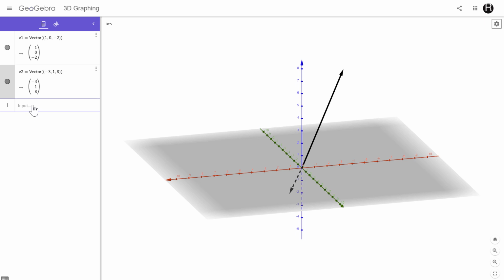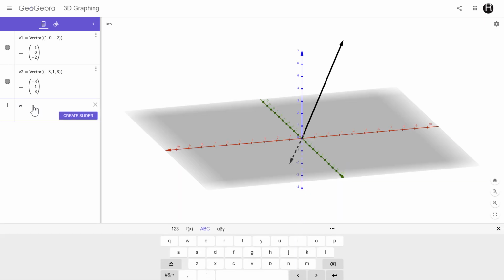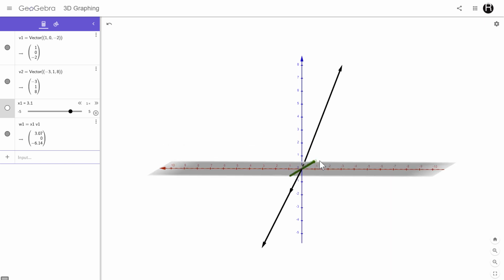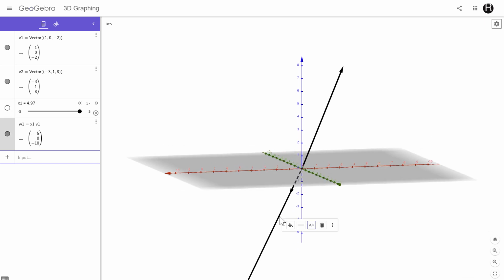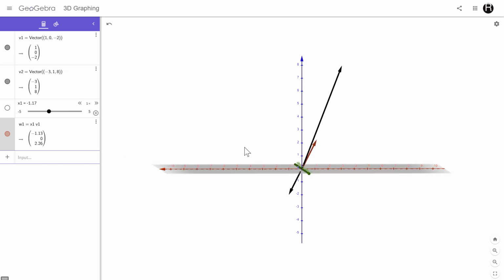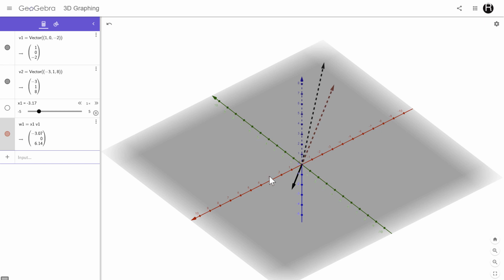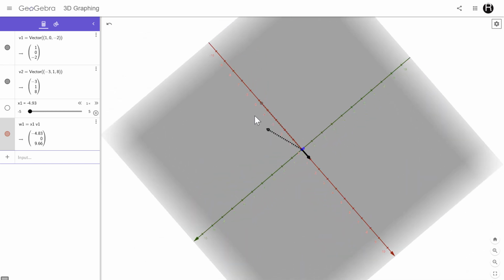And then if we do the same thing, where we said w1 is going to be equal to x1 times v1, and we'll create a slider for x1, we see that we can stretch that out. Actually, we can change the color here to red again. We can stretch that out and it can keep going on forever.